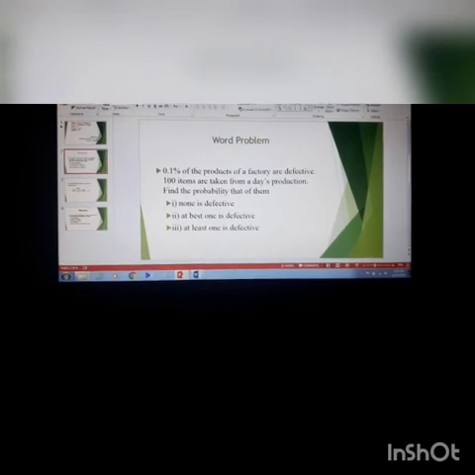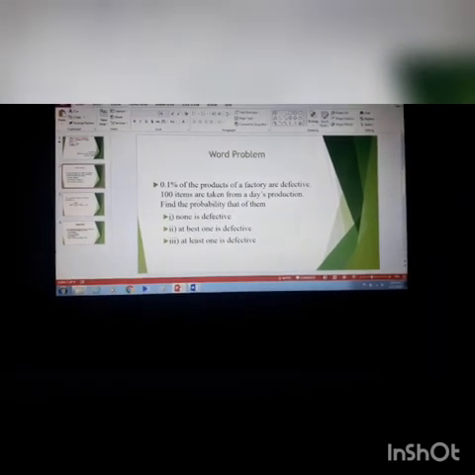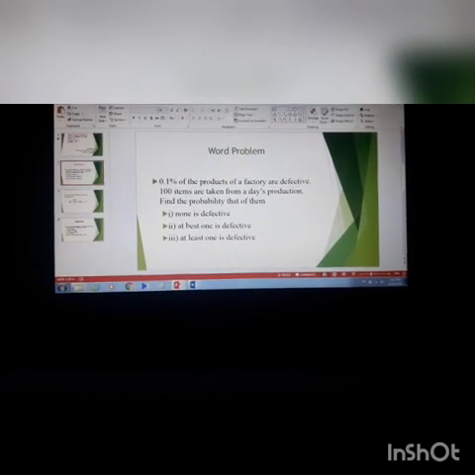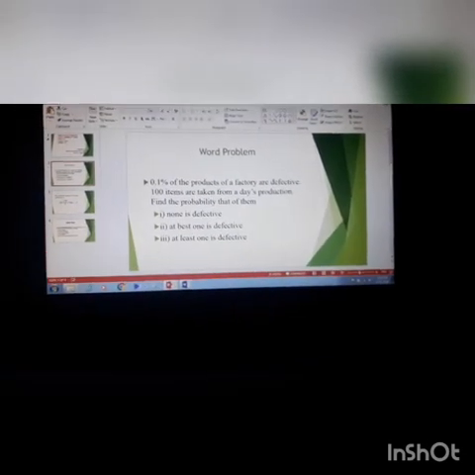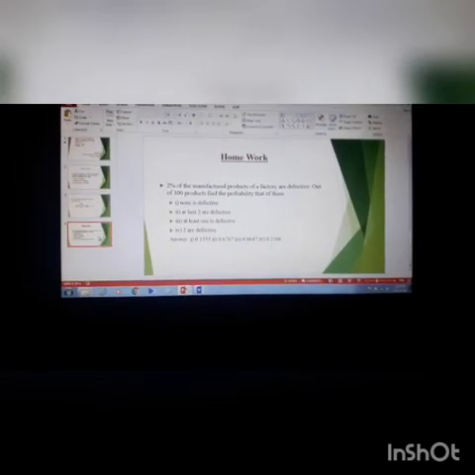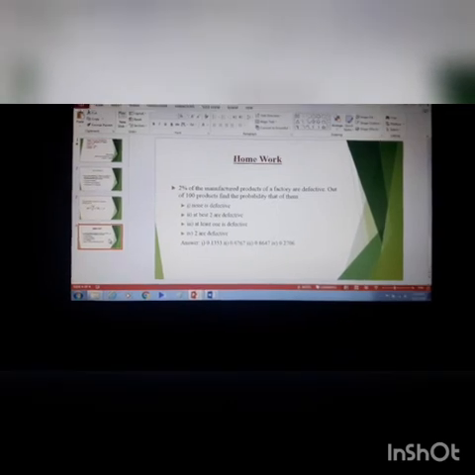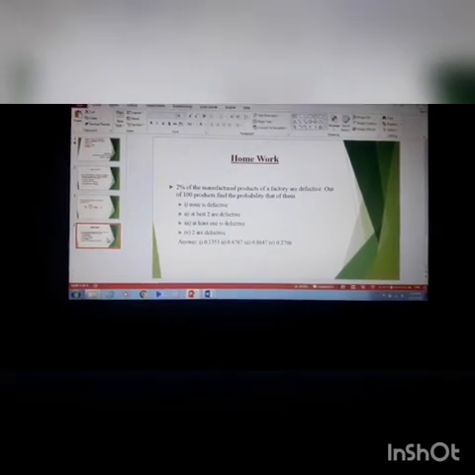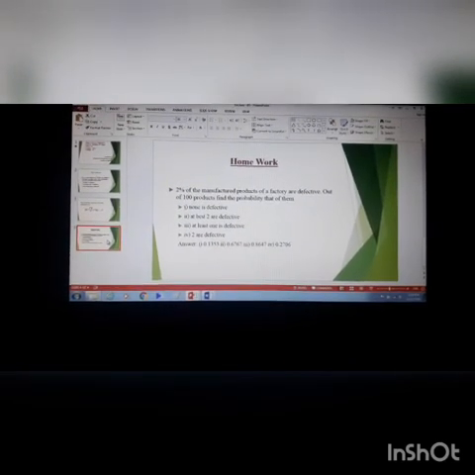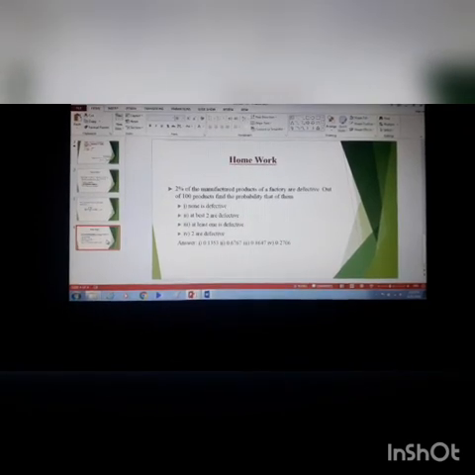Now I expect that you understand how to solve the problem, and related to it there is another problem which I provide as homework: 2% of the manufactured products of a factory are defective.